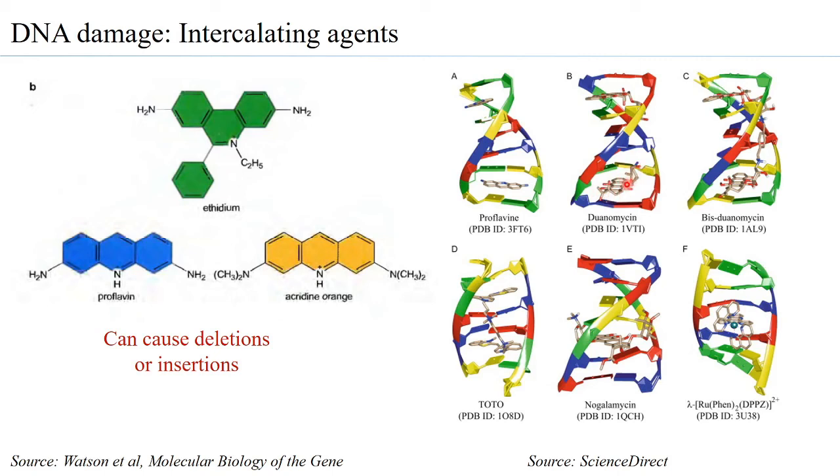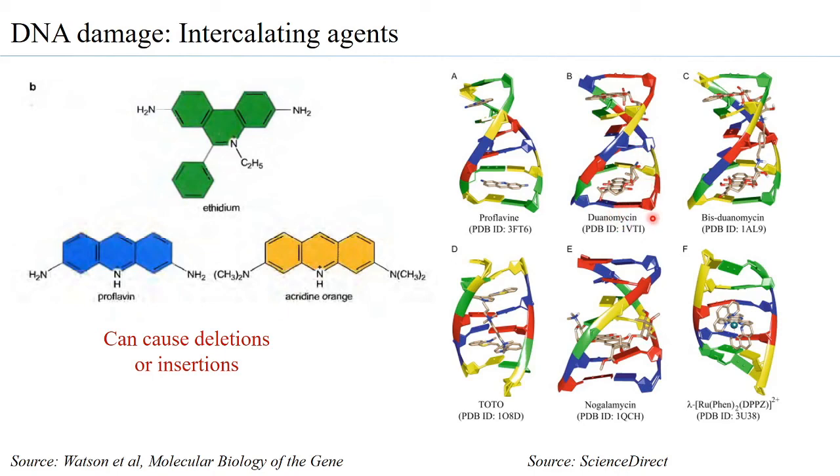One is that it is possible that this intercalating agent is shielding this nucleotide. So as a whole, the DNA polymerase does not recognize a nucleotide and therefore does not add a nucleotide here and moves forward. So one nucleotide over here is not added, and therefore that can lead to deletion.